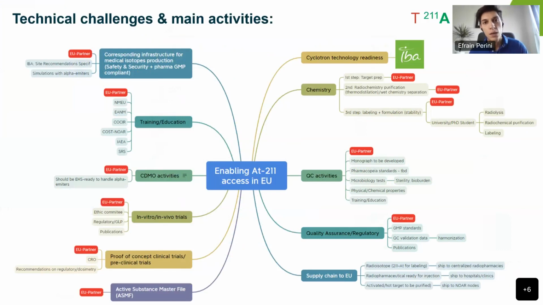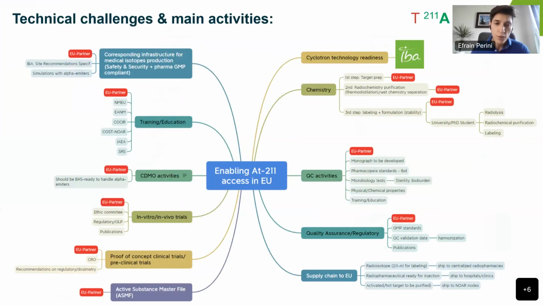provided by IBA. However, we still need partners for the chemistry, for example, for target preparation, radiochemistry purification, and also for the labeling. In labeling, we also see a great opportunity for our partners in academia. We are also looking for partners for QC activities, quality assurance, and regulatory aspects.